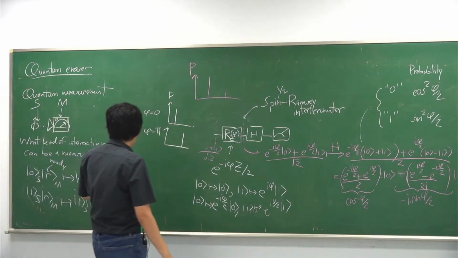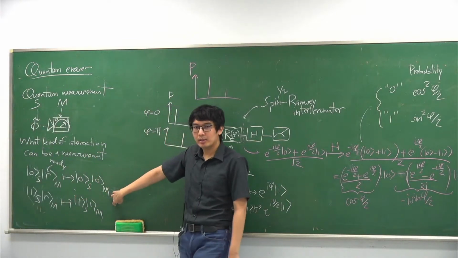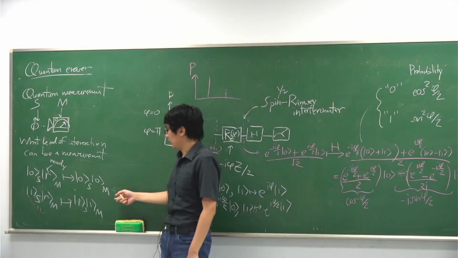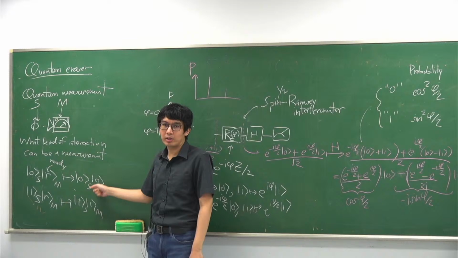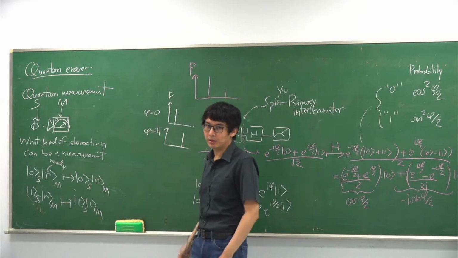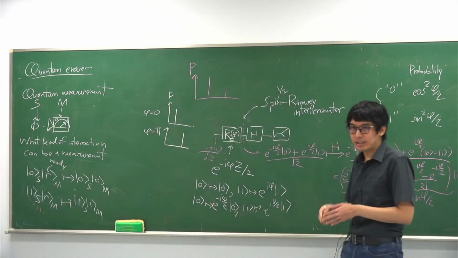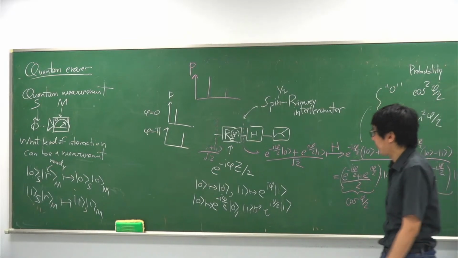So here I just arbitrarily label the state of the meter, but the only crucial point is that these two must be orthogonal, right? If we were to distinguish them.